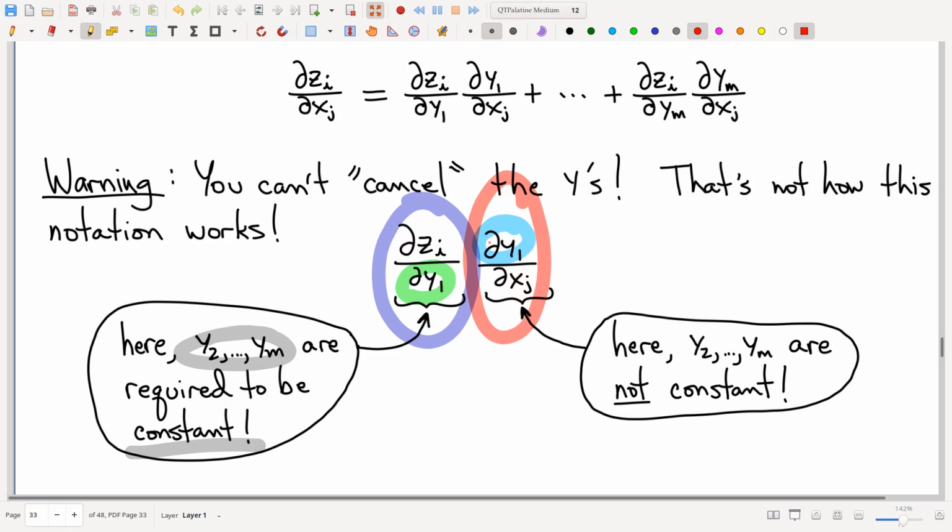If you're changing xj, that's going to make not only y1 change, it's going to make all of the y variables change. Oh, color choices. Not constant. So these cannot be simultaneous scenarios, right? It doesn't make any sense. This partial y1 could not possibly be the same thing. So you cannot cancel them. And it's absolute garbage to think that you can cancel those things.